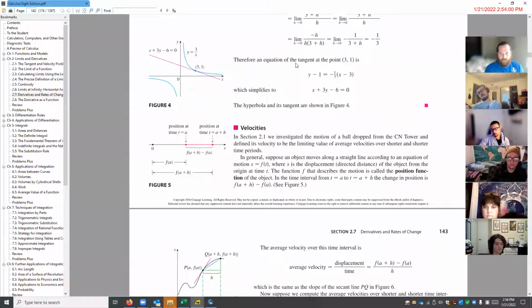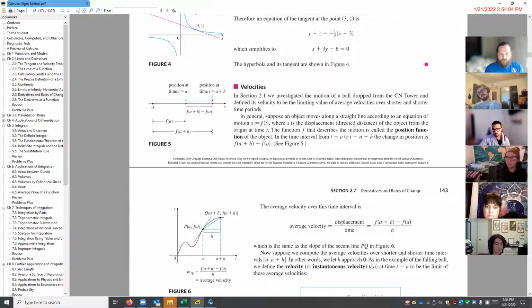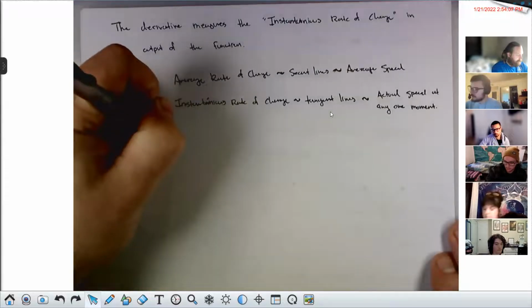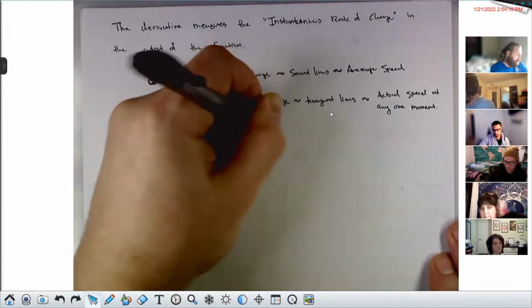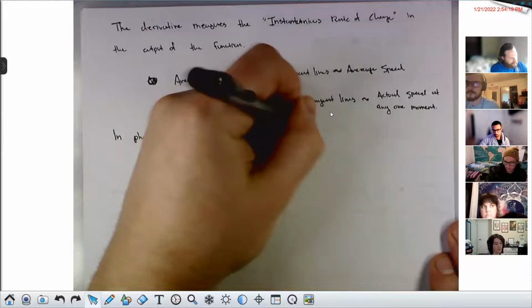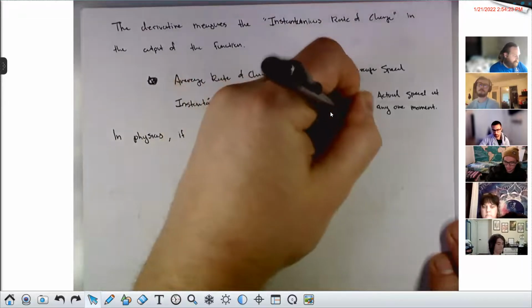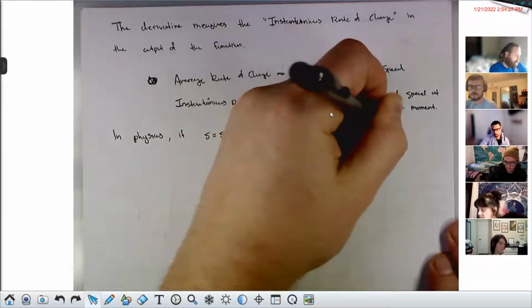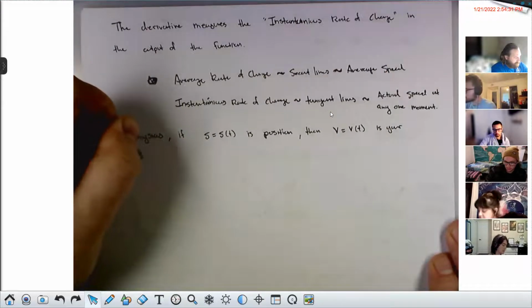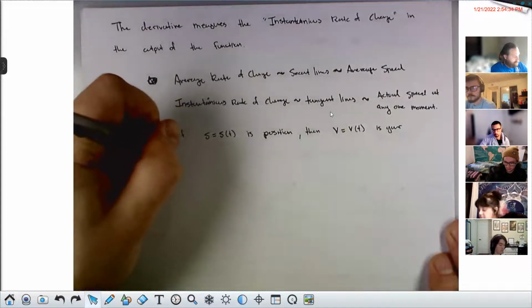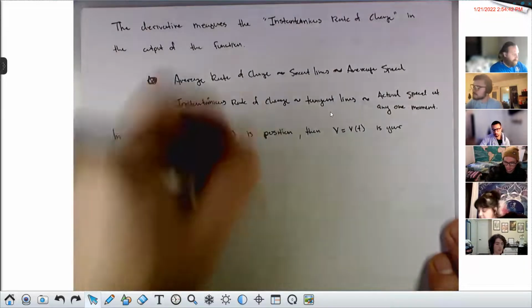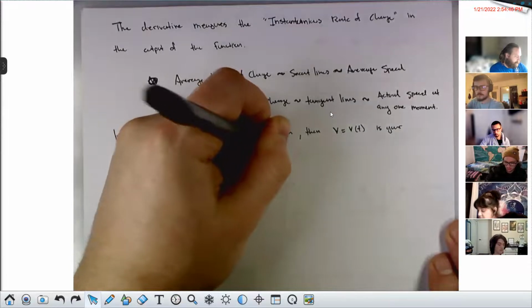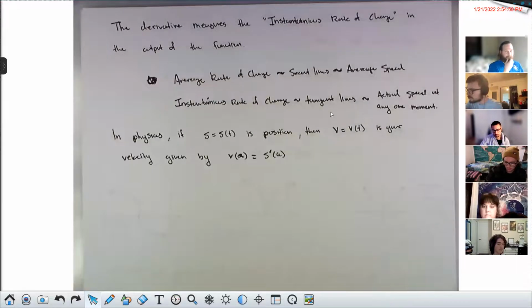Some people use S, some people use X. They're going to use S. In physics, if S, and I'll call it just S of t, is position, then velocity at any moment A is the derivative of your position, S primed of A. So your velocity is the rate of change of your position.